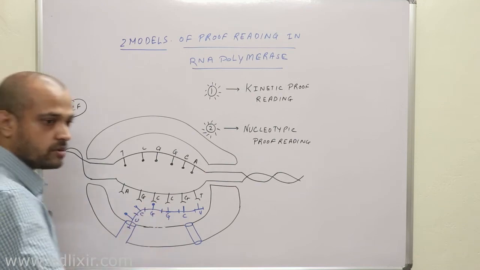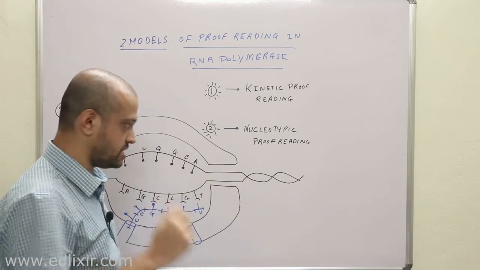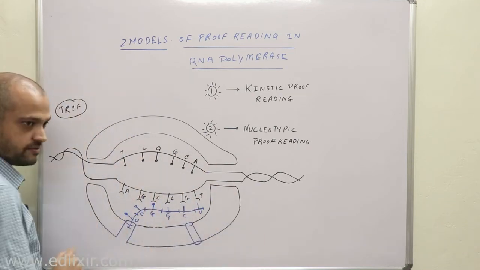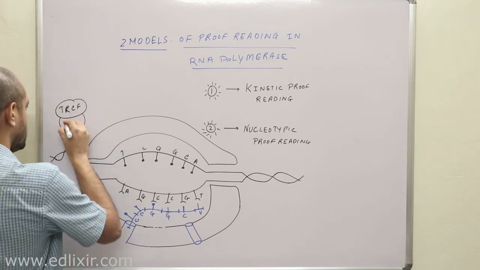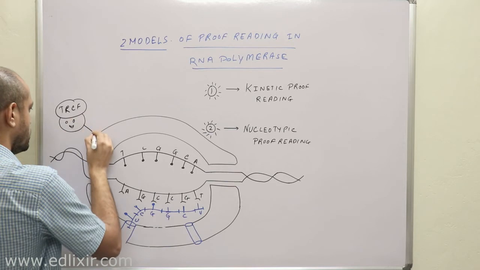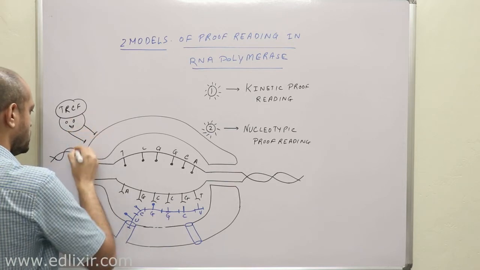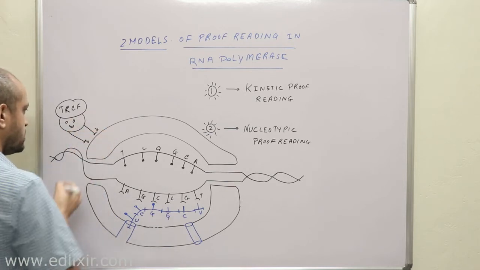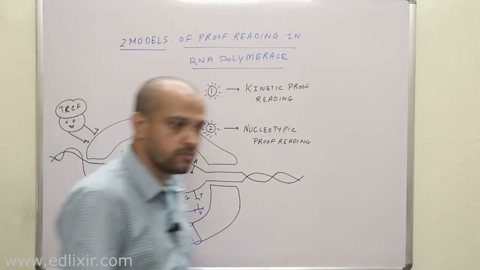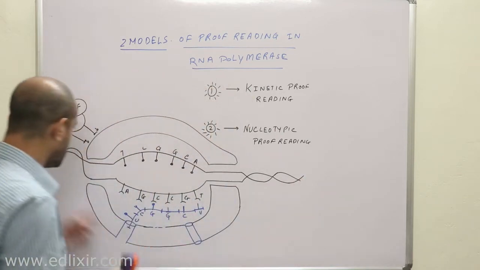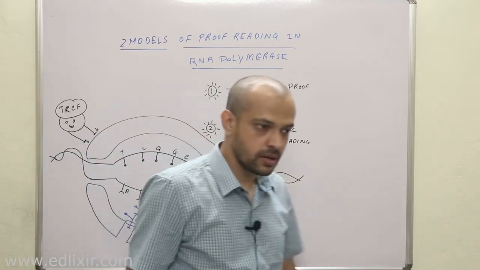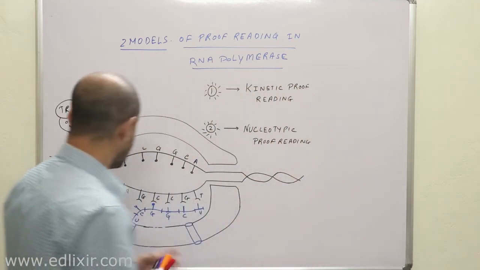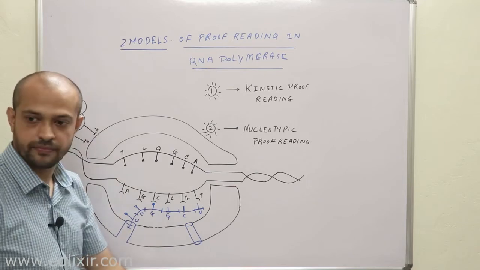Now listen, after this initial pushing by TRCF, RNA polymerase has two choices. Number one, it can go on with the transcription, and another choice is it can fall off. Clear?